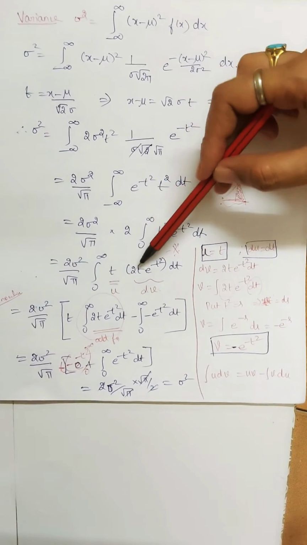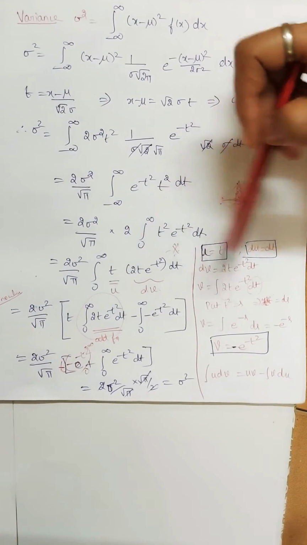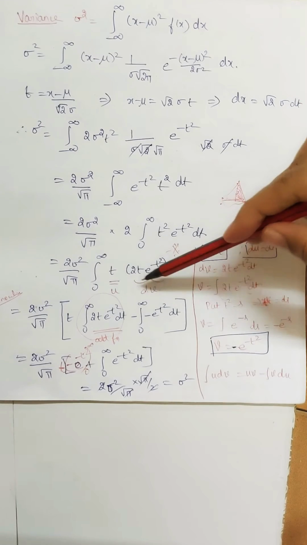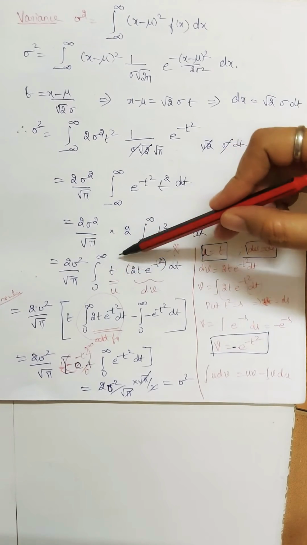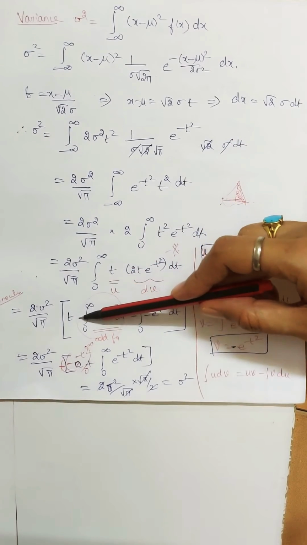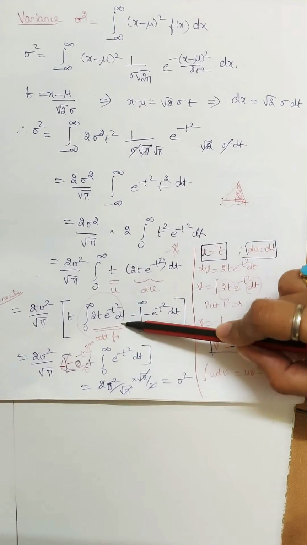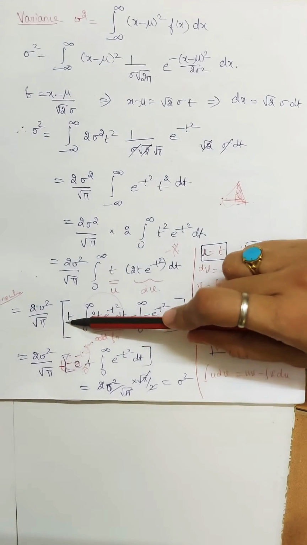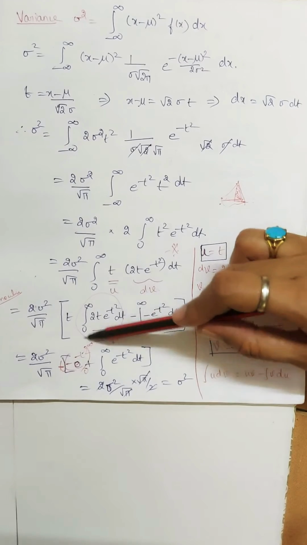So this t square: 1t I am keeping here, another t is here. This 2 I have taken inside. Now we are going to apply integration by parts or Bernoulli's; both ways it is going to be the same, because we have only 2 terms here. Write the first function, integral of the second function. We have written this. First is plus, second is minus. Integral 0 to infinity. What is the integral of this?